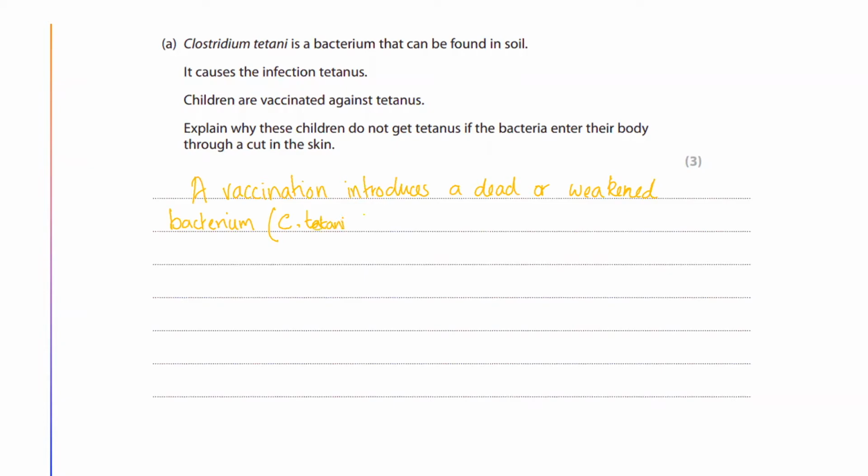That's a short version of writing that. Into the body. The immune system produces antibodies to fight the specific pathogen.